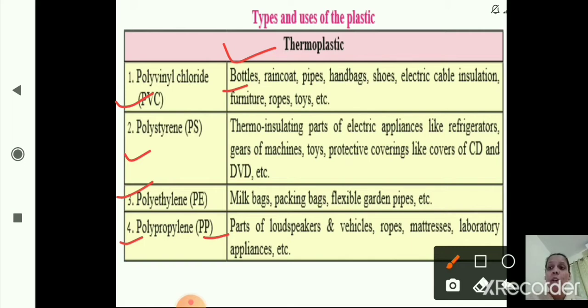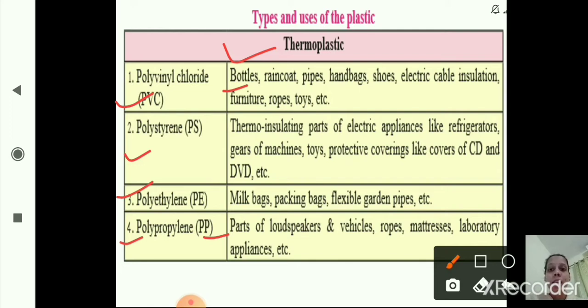Polyethylene is used to make milk bags, packing bags, flexible garden pipes, etc. And polypropylene is used to make different parts of loudspeakers and vehicles, ropes, mattresses and laboratory appliances. So these are the different types and uses of thermoplastic.